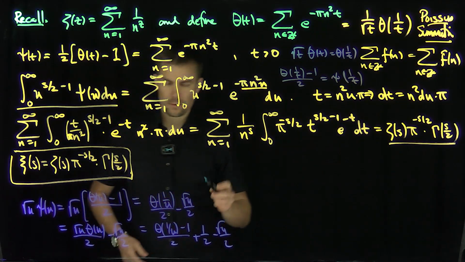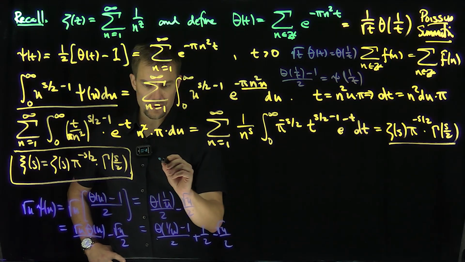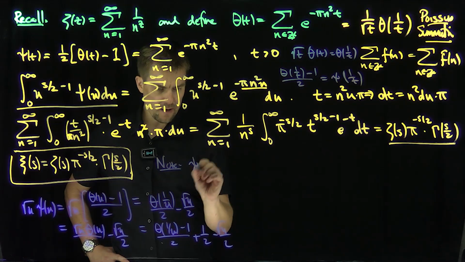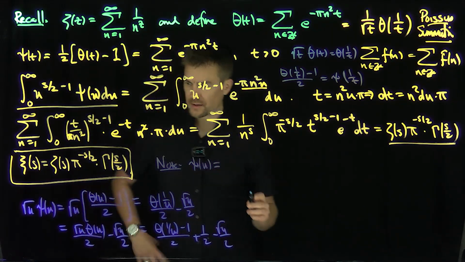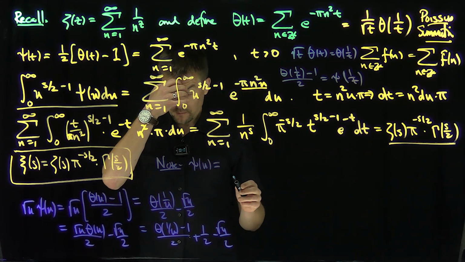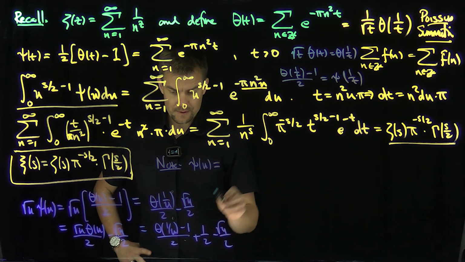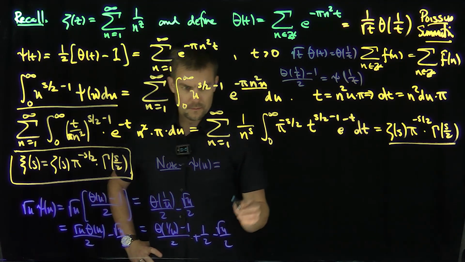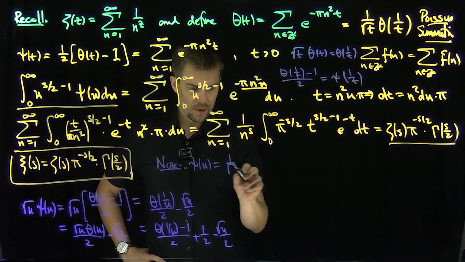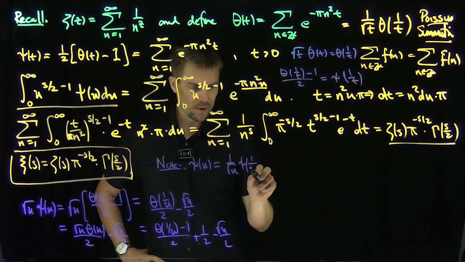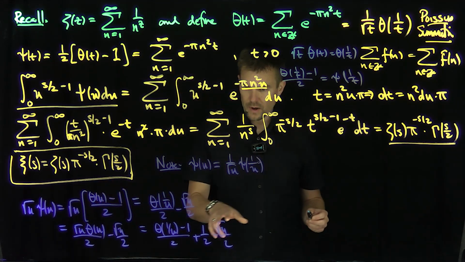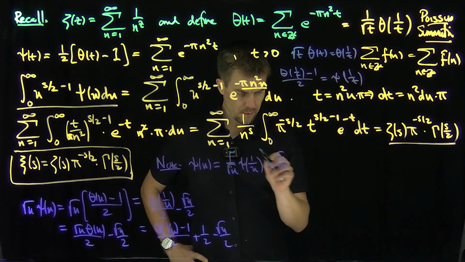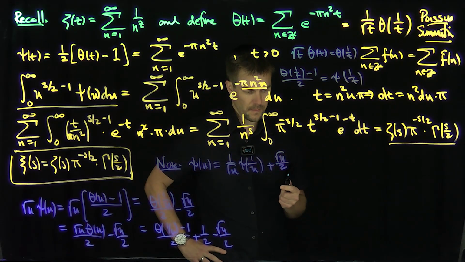And therefore we have our final relationship that I can conclude from this. So note that psi of u is really the same as 1 over root u, psi of 1 over u, and then a plus root u over 2. Good.